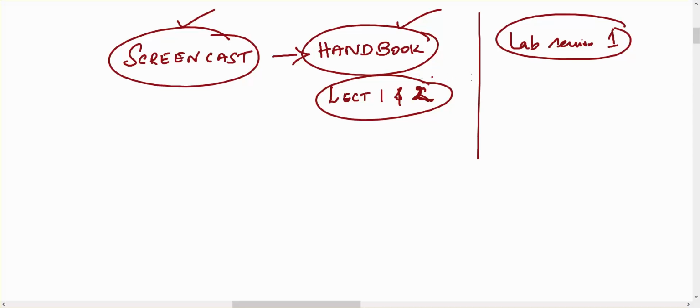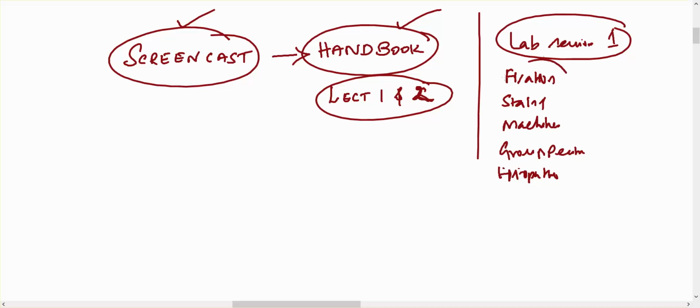You will be studying about fixation and stains, and about machines, and the gross specimens discussed, then the histopathology slides, because the background knowledge for this is the lecture.